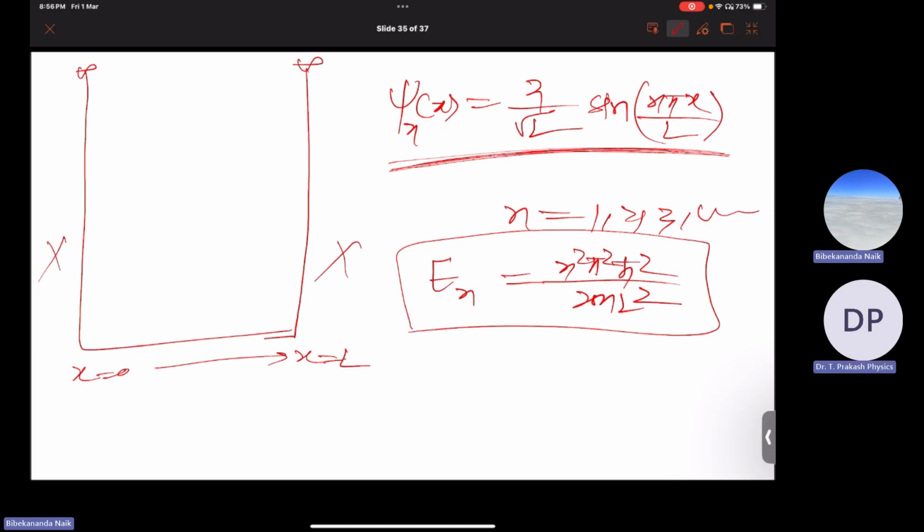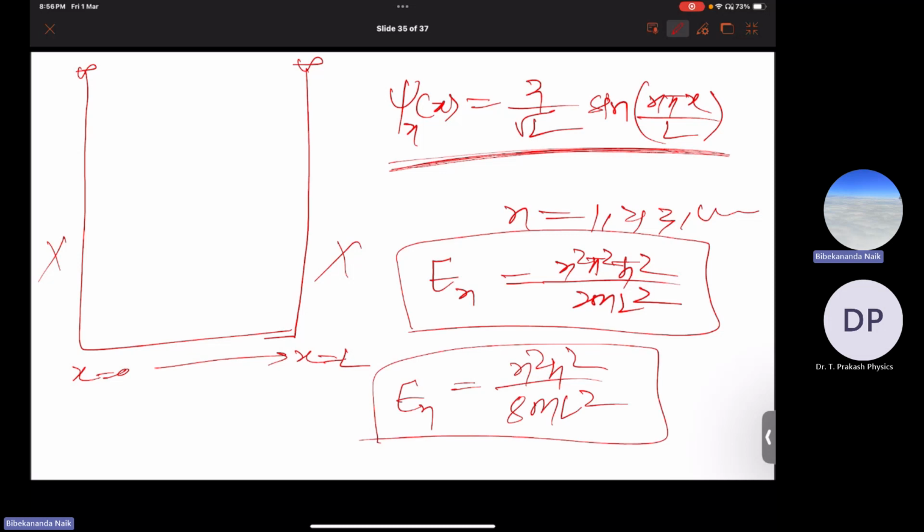Yes, sir. But in the reference book, to calculate the energy levels they give n square h square divided by 8 m L square, sir. Maybe instead of h cross they have written h exactly. h cross is nothing but h by 2 pi, no? If you convert it, it will be n square h cross square by 8 m L square.